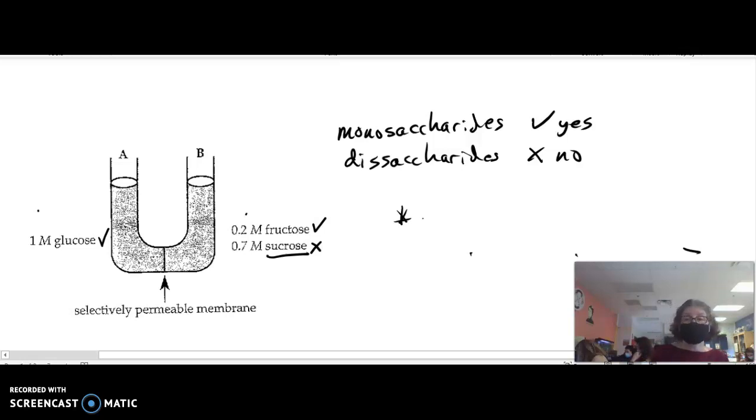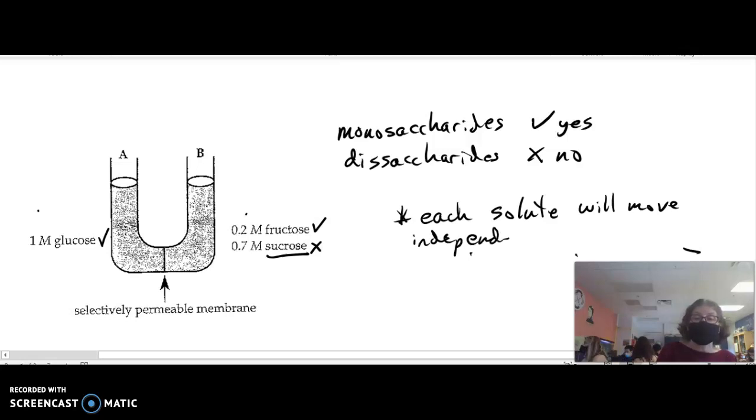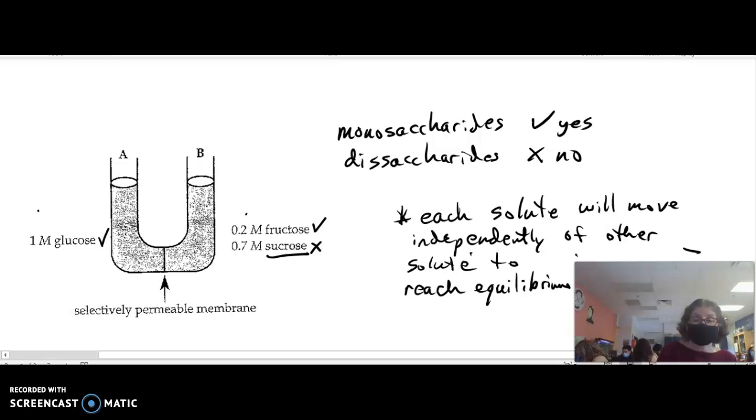Each solute, assuming it can move, will move independently of other solutes to reach equilibrium on either side of a membrane.